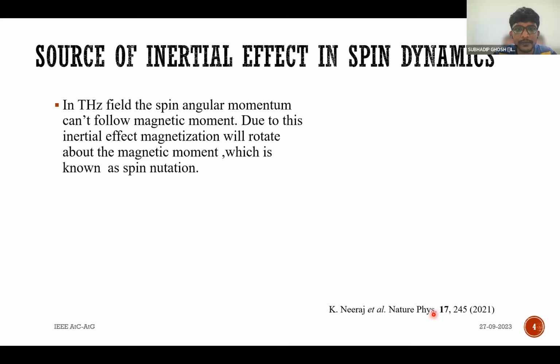So there is an effective lag between them, and for this reason, the magnetization vector will precess about the magnetic moment, which produces a spin nutation motion. This is the inertial effect in the spins.